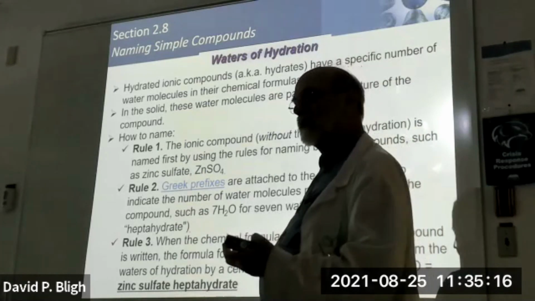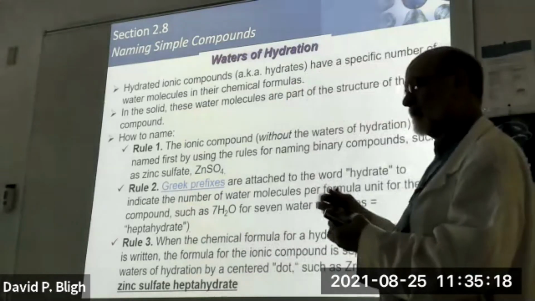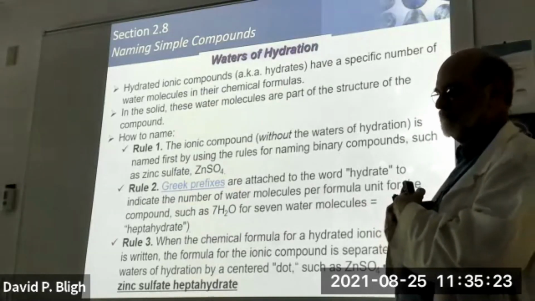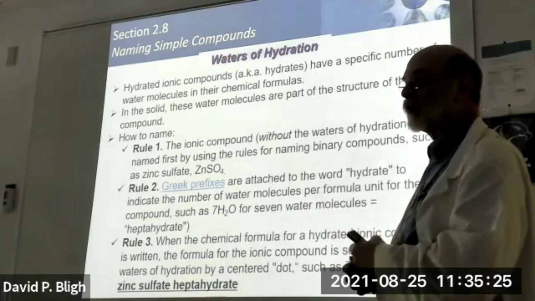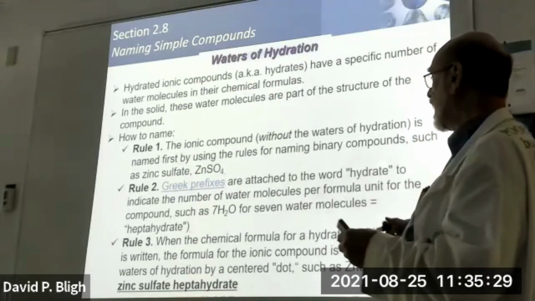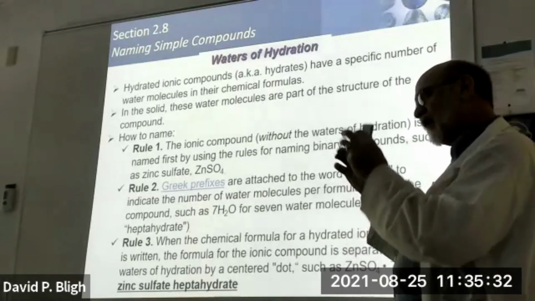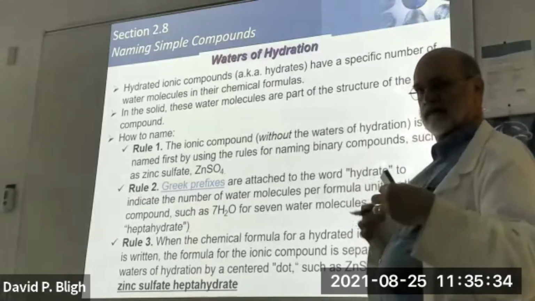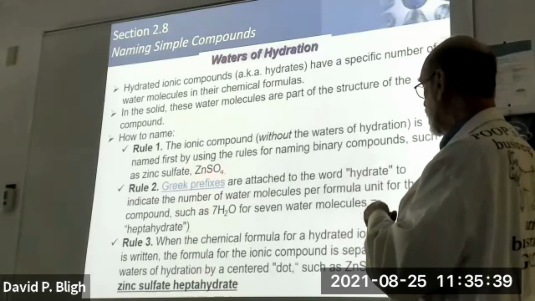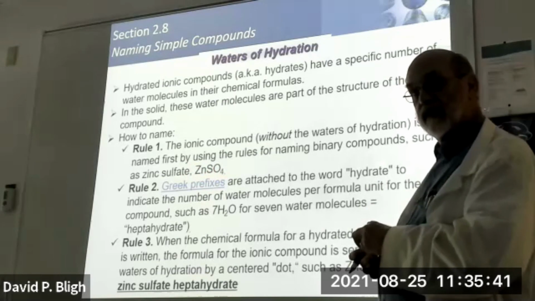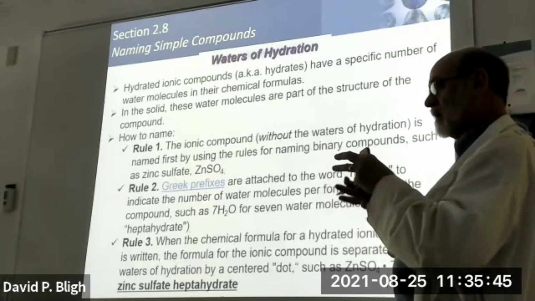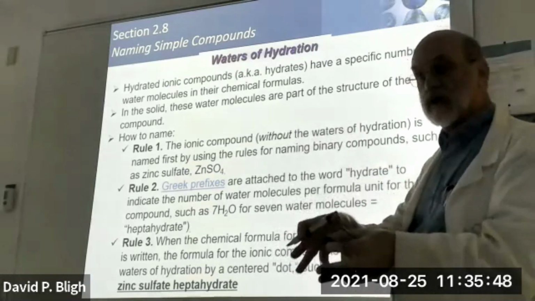It's not covalent, but it's stronger than just the weaker interactions like that water would experience as a liquid. And these water molecules exist separately, but they're in the crystal structure. Right? So if you have, in this case, zinc sulfate, and it's got some water in it, it will have a definite proportion of water to the zinc sulfate molecule.